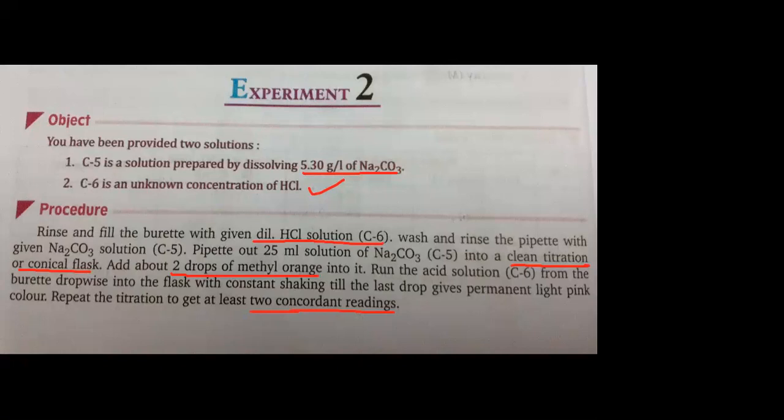Now, how do we obtain these readings? If you actually see in the conical flask, you will find that the solution has been added. In the conical flask, we have added sodium carbonate solution, that is Na2CO3 solution, which has been pipetted out, 25 ml.